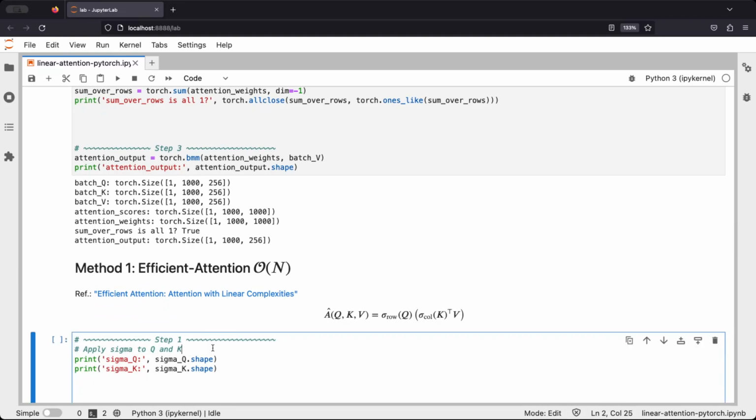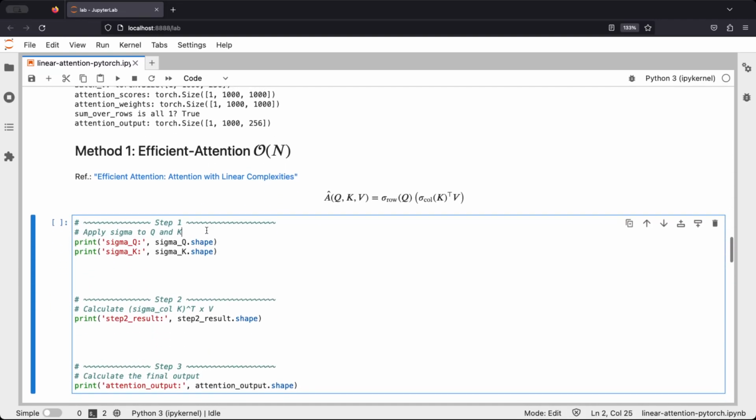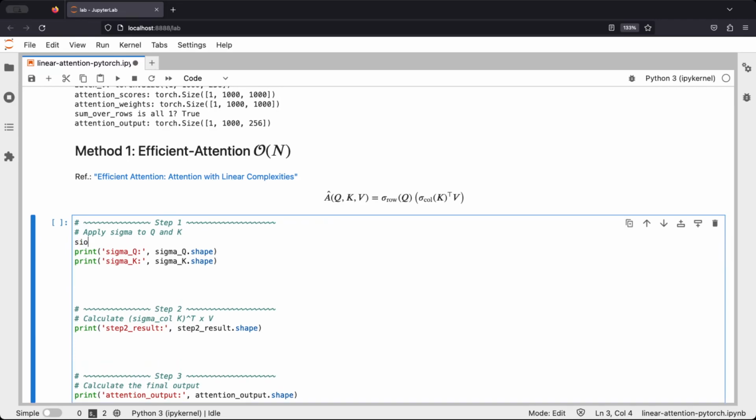All right. So now we do this in 3 steps. First, we apply sigma to q and k. So we call them sigma q, which is torch.softmax of q, and we specify dim equals 1. q has 2 dimensions, and we want to apply that to the rows, so that is 1.